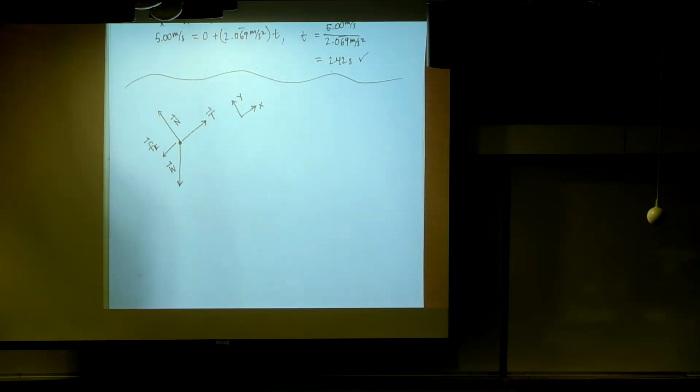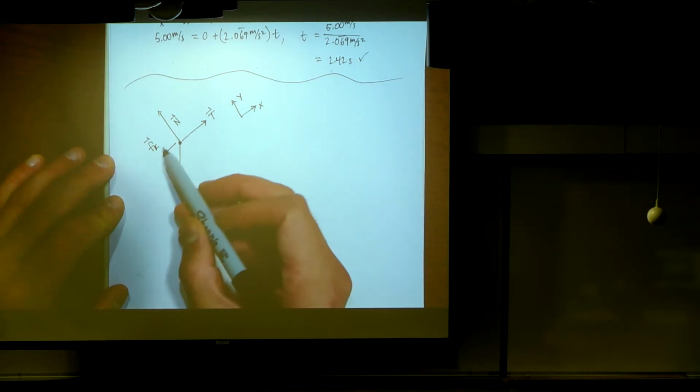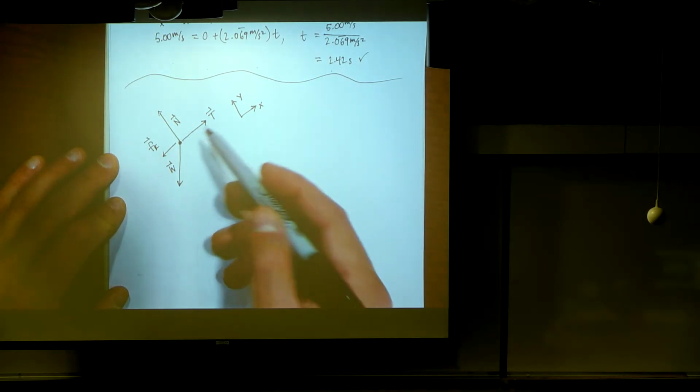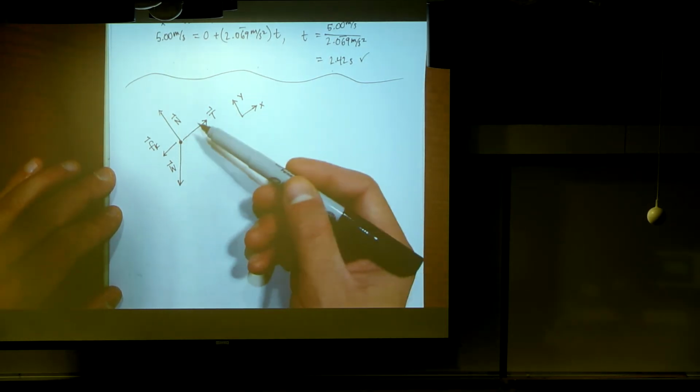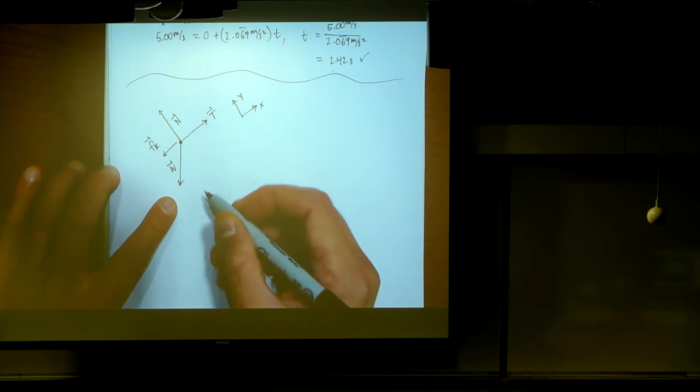All right, so X is in the direction going up the ramp, and then Y is perpendicular to the face of the ramp, right? With that, we can see that the kinetic friction, the tension, and the normal force are all just aligned with either the X or the Y axes. But for the weight, we have to break this up into components, right?